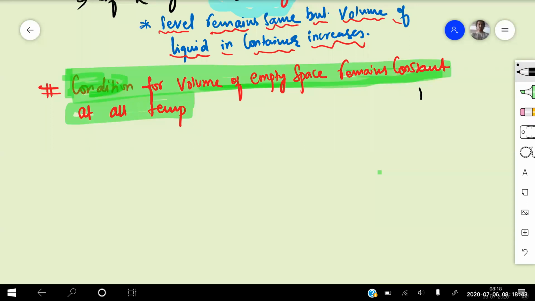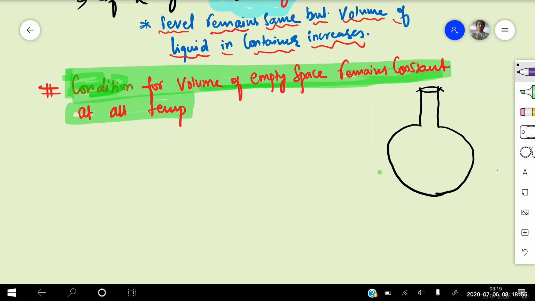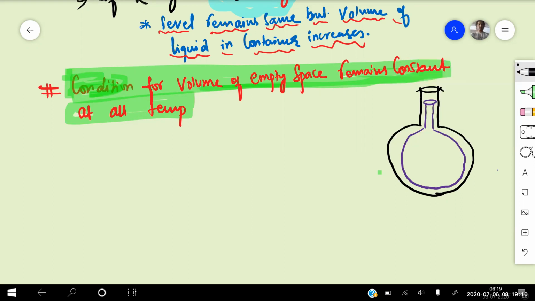If this is a container, what we have taken in the last class, this is the initial volume before expansion. Let us try to see. Condition for the volume of empty space to remain constant at all temperatures.